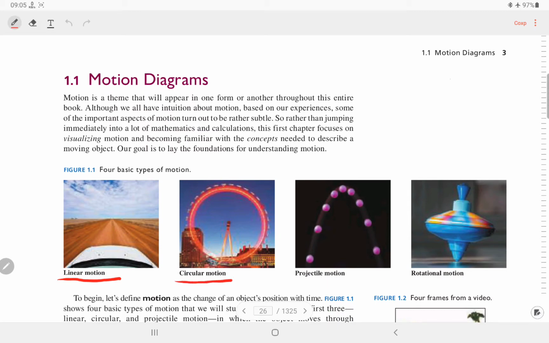Second type is circular motion. As you see here, this is a circular motion. When an object comes to one point during a certain time. What is the difference between linear motion and circular motion? In linear motion you just move straight and forward. You don't come back.